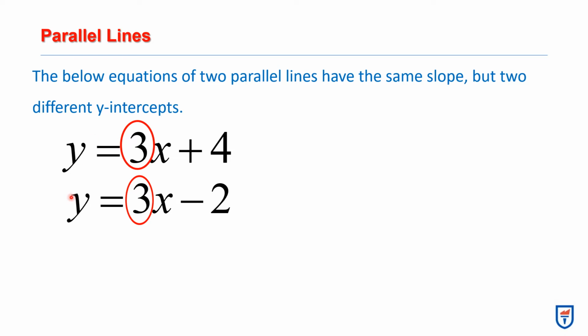So these two equations have the same slope. Therefore, they are parallel to each other. But the first equation has a y-intercept, which is a constant, our b, of plus 4, and the second equation has a y-intercept b of minus 2. So these two equations have the same slope but different y-intercepts.